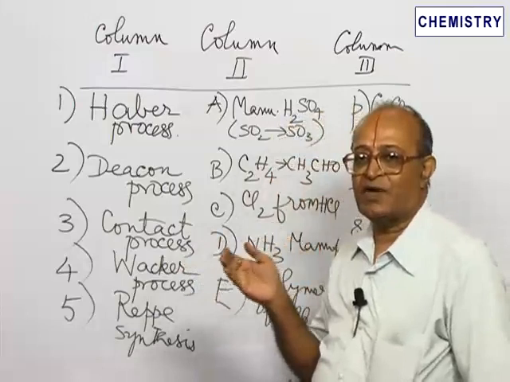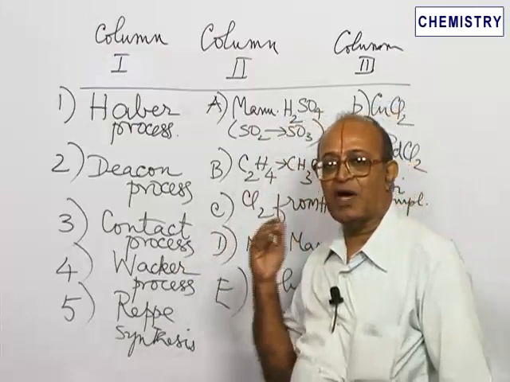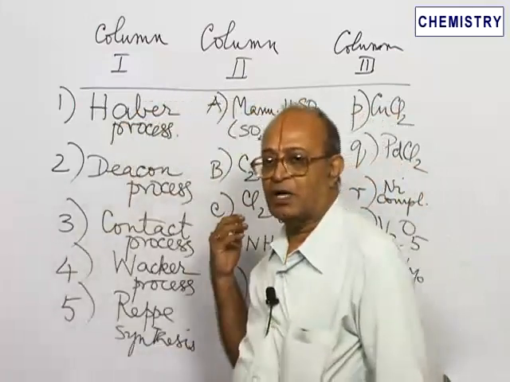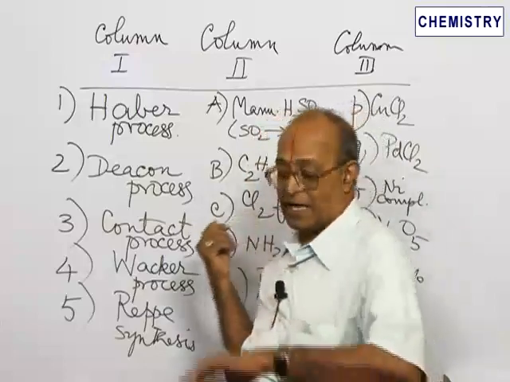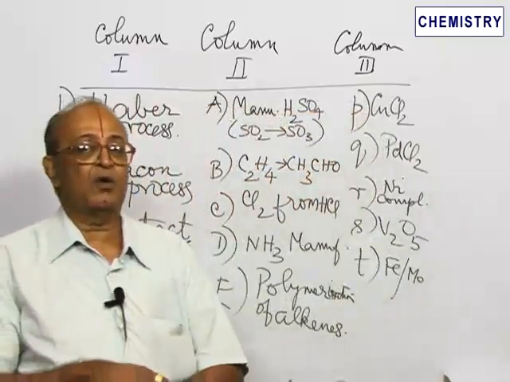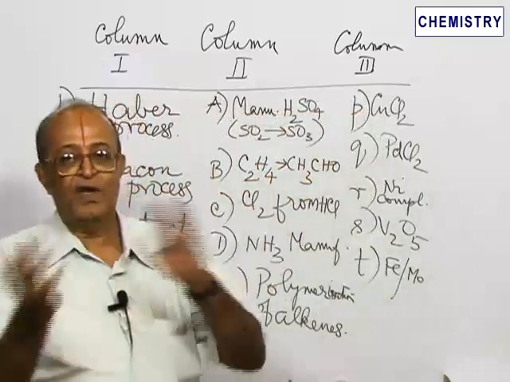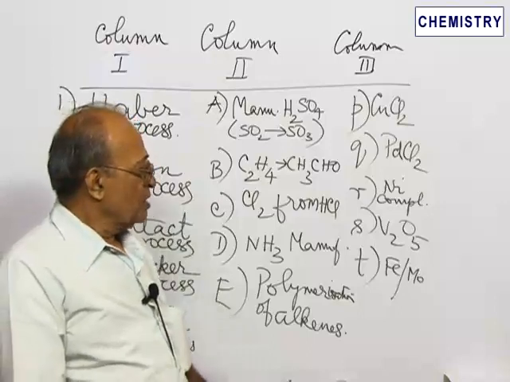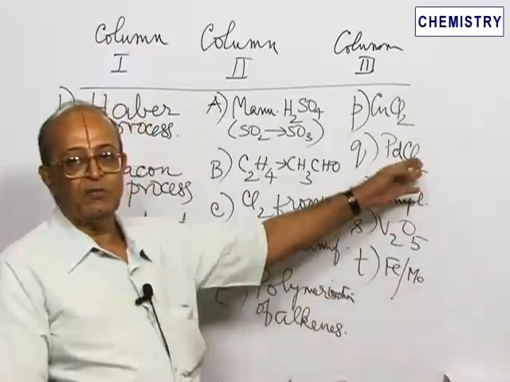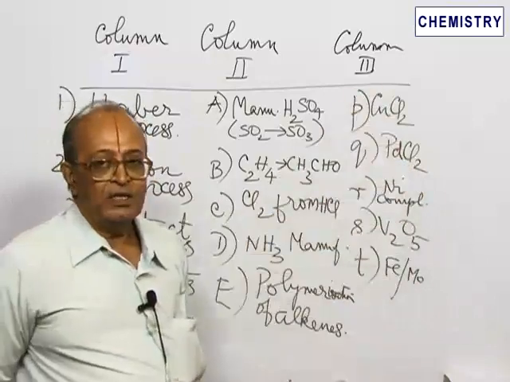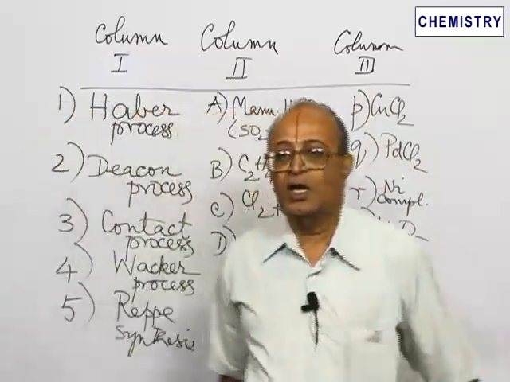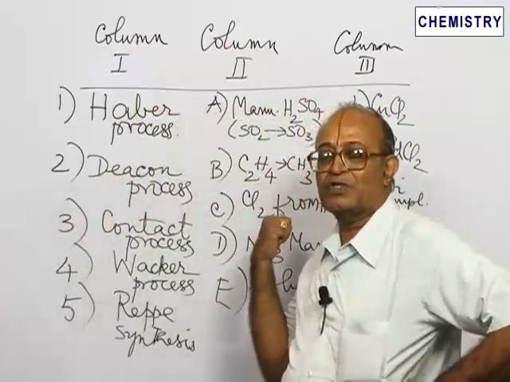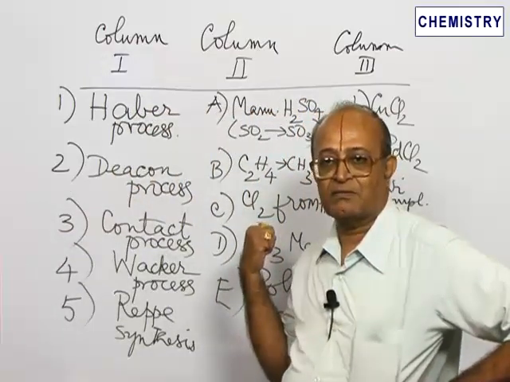We find several uses of these in the manufacturing processes, very synthetic uses for the compounds of these transition metal compounds, which are quite useful in the conversion of several compounds into some other useful compounds. So, you can notice the last column, column number 3 here, all these are very useful catalytic reagents, and all these compounds are compounds of transition metals.